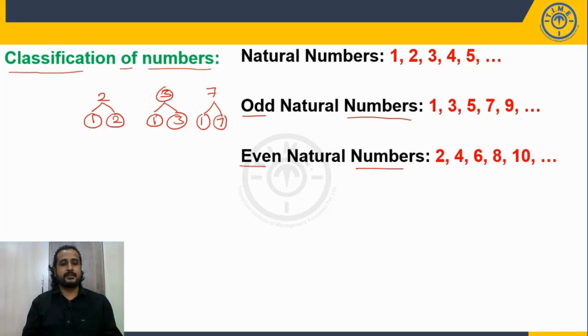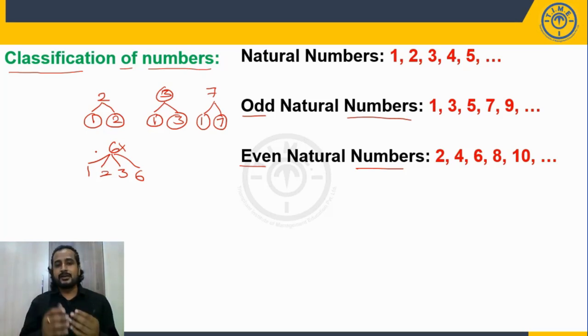Let us take an example, 6. 6 is divisible by 1, 2, 3 and 6. So this is not a prime number, because it is divisible by more than 2 numbers. It has more than 2 factors. The numbers which have exactly 2 factors, we call prime numbers.